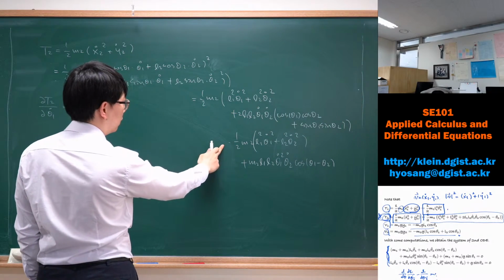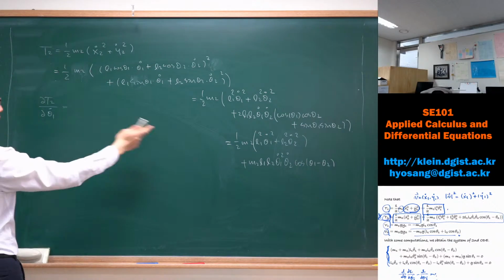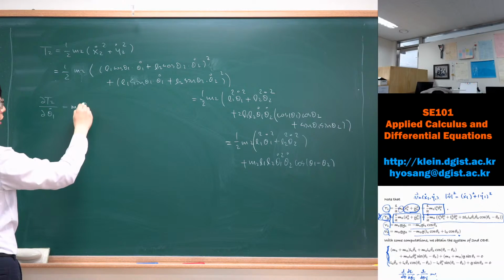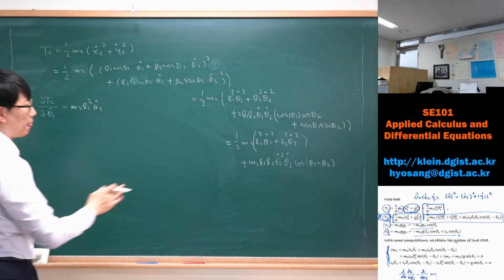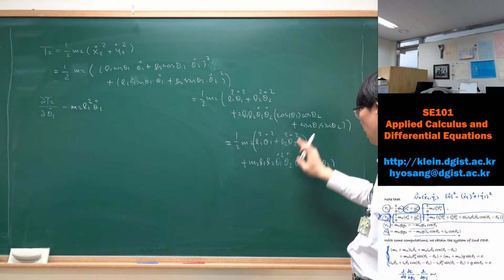So okay, this is T2. The first term has theta 1 dot, so this is m2 L1 square theta 1 dot. Okay, and in the second term there's no theta 1 dot, so nothing happens.